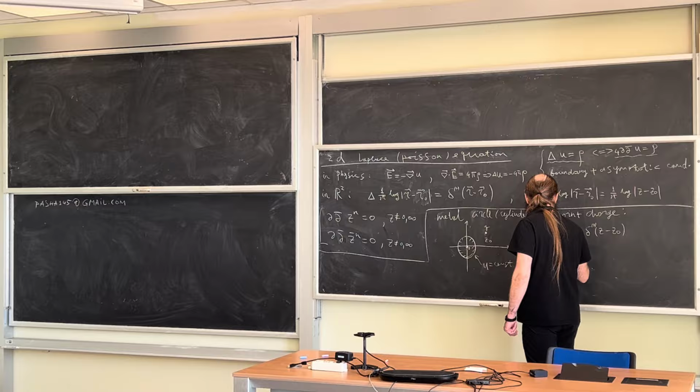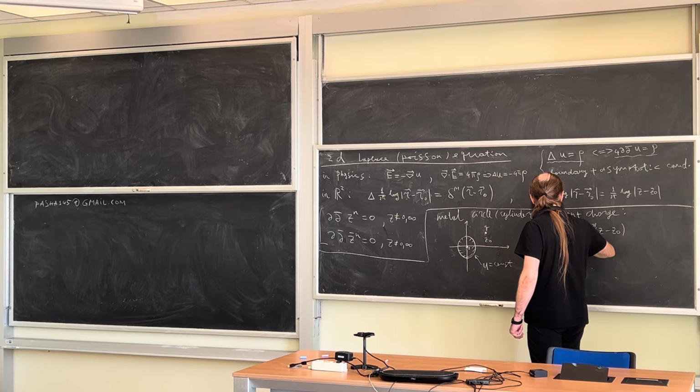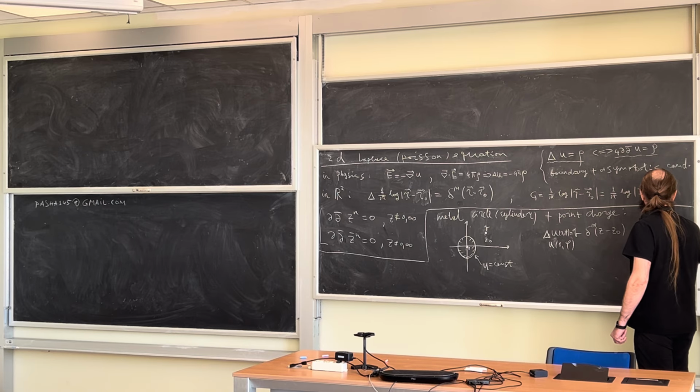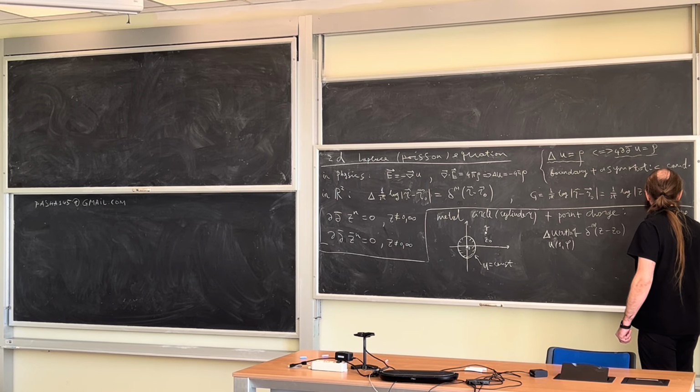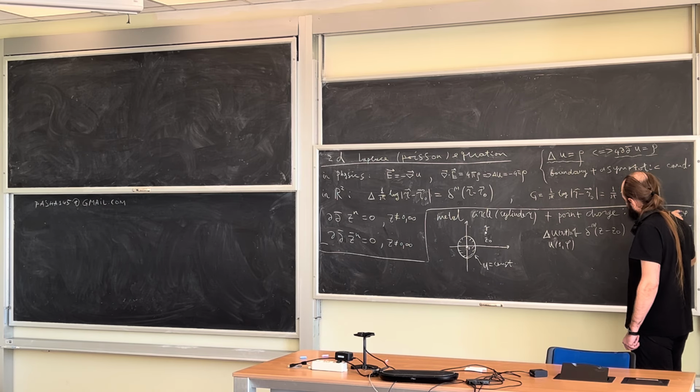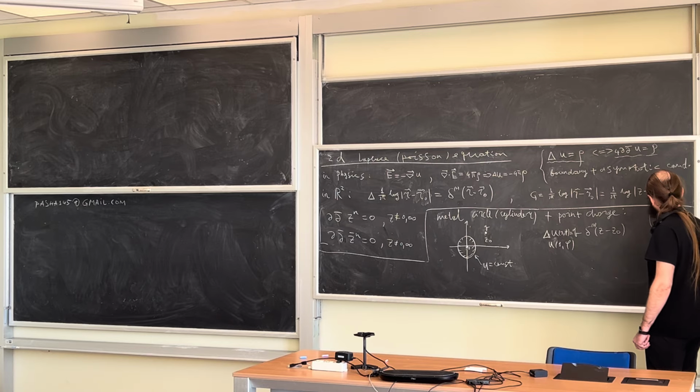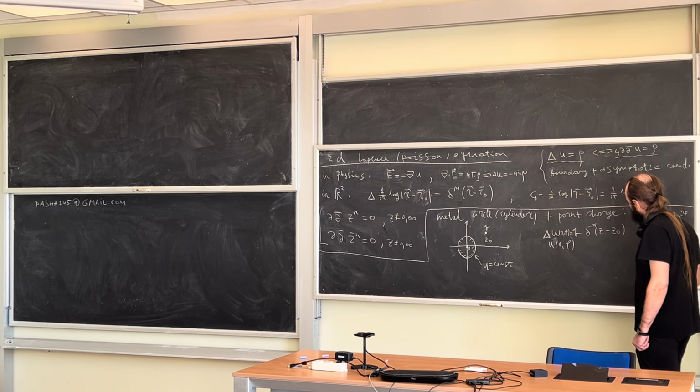We have a condition that u of (1, phi) equals constant, where r and phi are polar coordinates, and a complex coordinate is written like this.